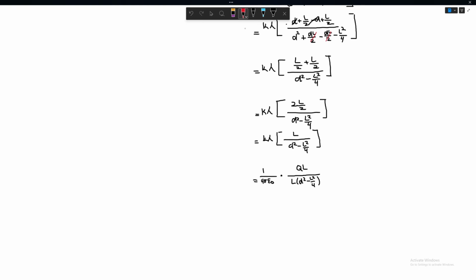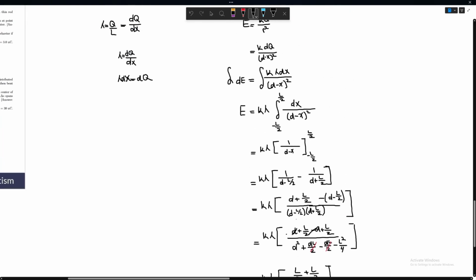Now these two L's will cancel out, leaving us with a nice 1 over 4 pi epsilon naught times Q over d squared minus L squared over 4. And what is the answer for this equation?